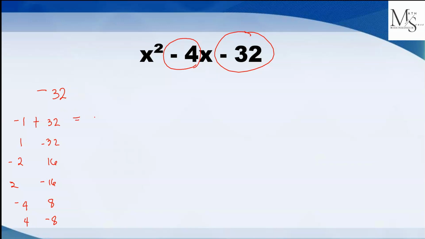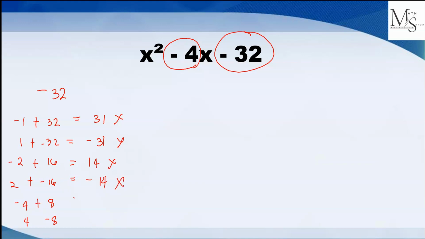Negative 1 plus 32 is positive 31. So we cannot use the factors. Positive 1 plus negative 32 is negative 31. We cannot use the factors. Negative 2 plus 16 is positive 14. It's not negative 4. 2 plus negative 16 is negative 14. It's not a factor.